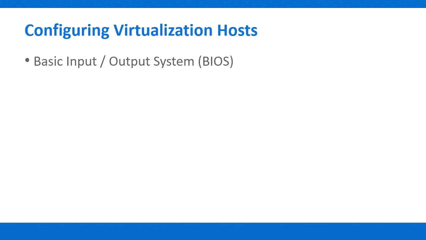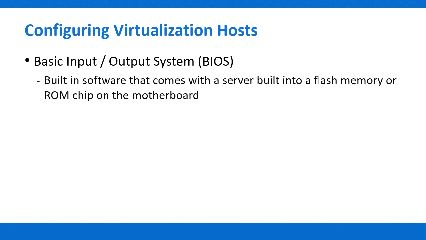There's another aspect beyond hardware-assisted virtualization, and that's in relation to the BIOS. Of course, the BIOS is built-in software that comes with the server. It's built on either a ROM chip or a flash memory chip. And the BIOS, the basic input-output system, determines the feature sets that are available to a computer without that computer having to access any additional software, or without the BIOS having to access any additional software.